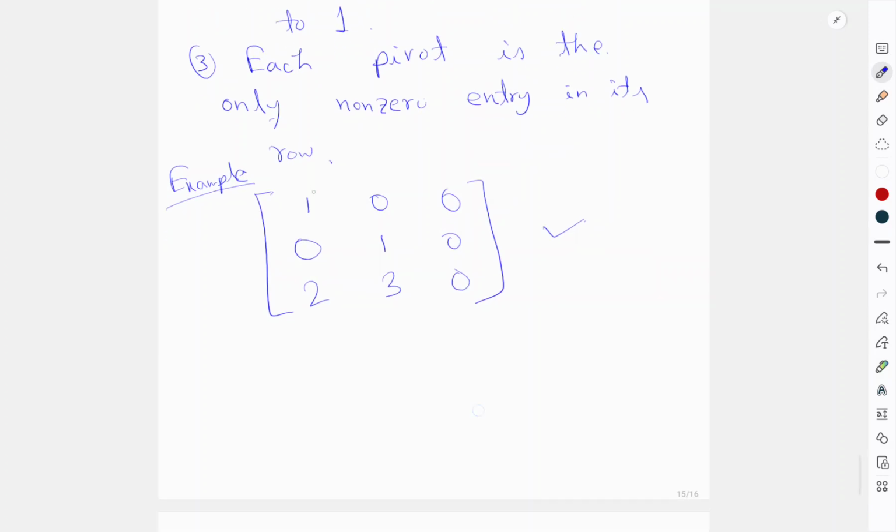Okay, because of that pivotal element here, and next is this one, and you see this type of element are zero, right? So no issue there.